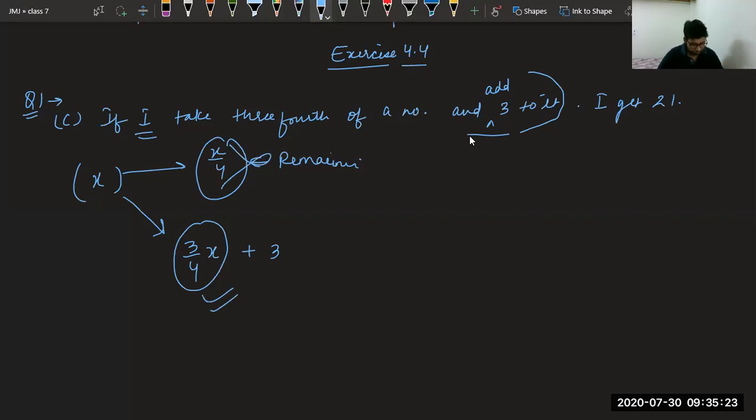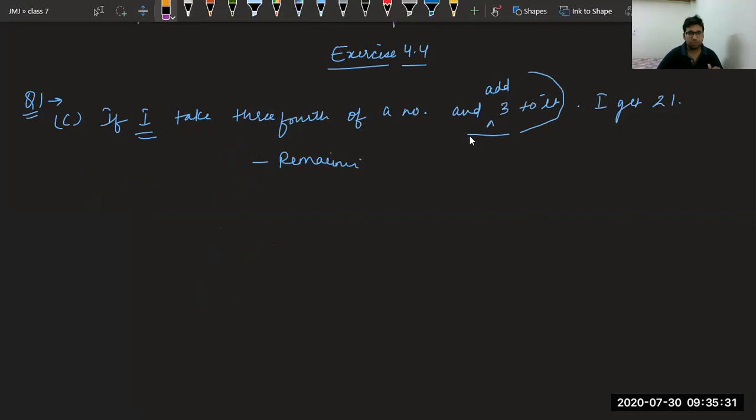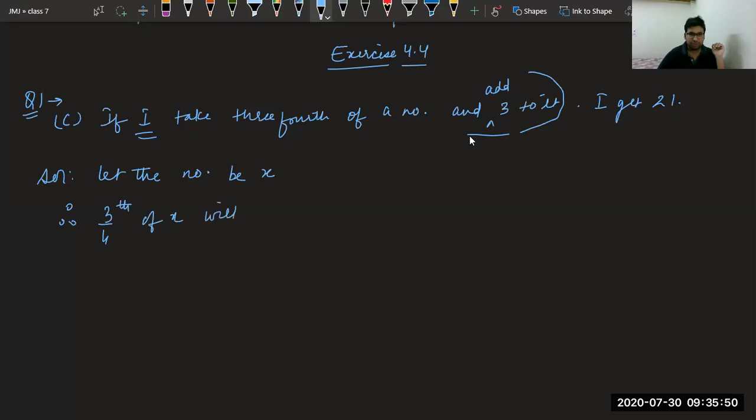Okay. I'm again repeating. Question is saying if I take 3/4 of a number, first of all take the number as, let the number be x. Therefore 3/4 of x will be 3 by 4 into x.